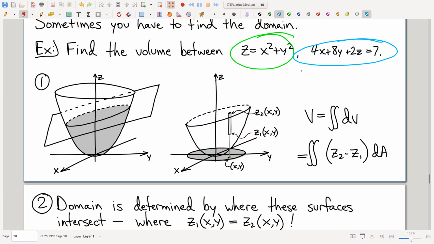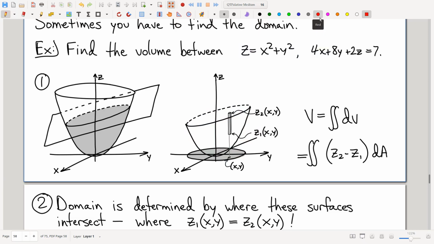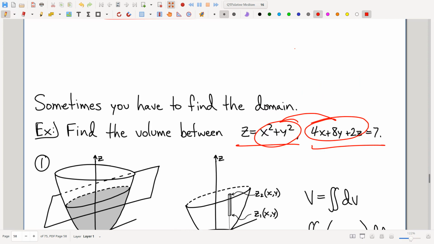A lot of students will solve a pair of equations by setting the two equations equal to each other. It's absolute nonsense. Okay, but a lot of students will say, okay, I want that to equal that. Actually, that has nothing to do with anything. Why on earth would you do that? It makes no sense.